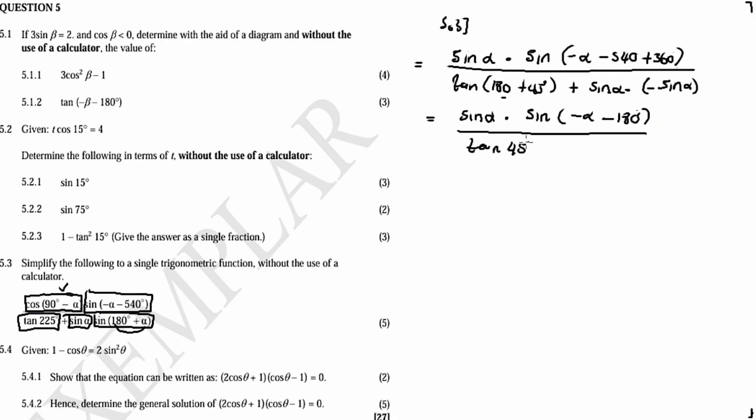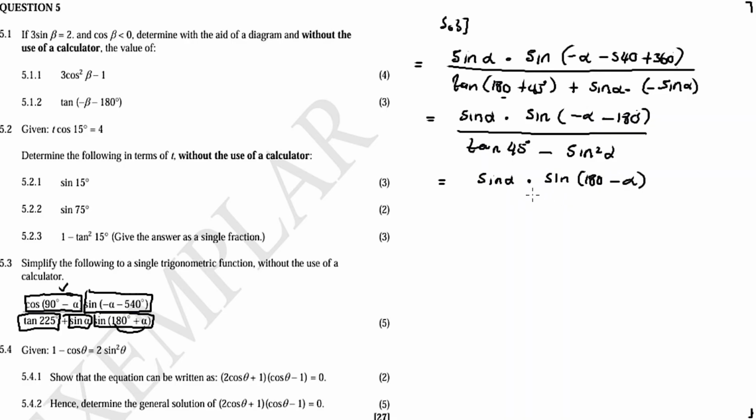So it's going to be positive tan 45 degrees, but with a minus, because this negative multiplied by that positive. Multiplying by sine, we get minus sine squared alpha, equal to sine alpha multiplied by sine of, adding 360 again, minus 180 and 360 gives 180 minus alpha.